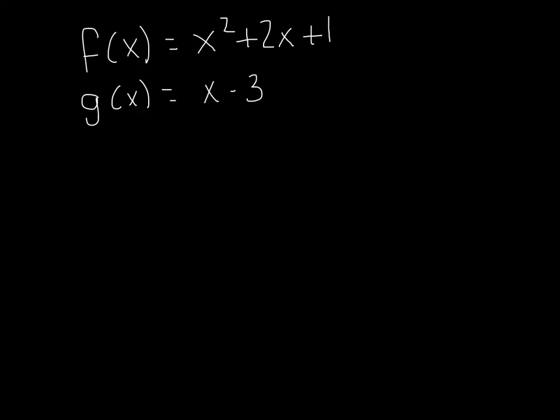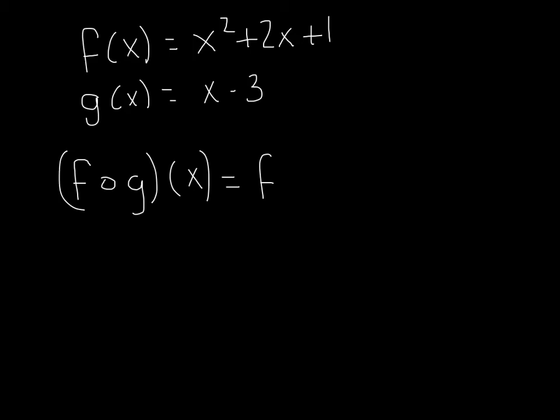In this problem, we're going to practice composition. So we have two functions, f of x equals x squared plus 2x plus 1, and g of x equals x minus 3. And we're going to do composition on these functions. So f composed with g of x, and that means the function g is going to be plugged into the function f.